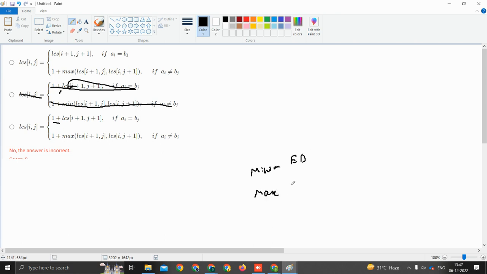And this is the maximum, like the longest common subsequence. So in edit distance, if a1 is equal to b1, you just ignore it, you don't need to add anything there. But in longest common subsequence, if they are equal, you add one to it.